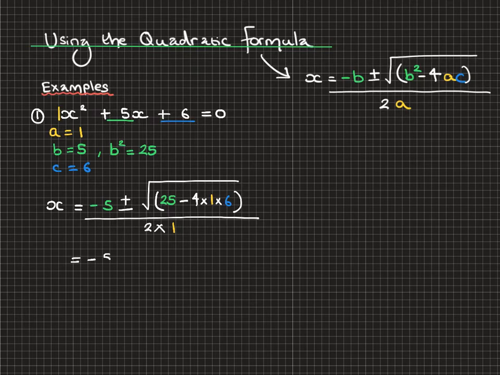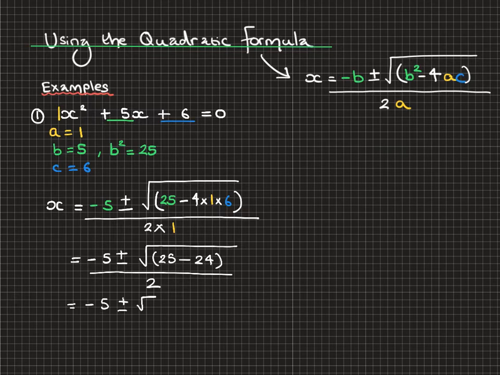So minus 5 plus or minus, we've still got that combination there, the square root of, well, hopefully you can see that underneath the square root sign we have 25 take away 4 times 1 times 6, which is 24, all over 2, which is minus 5 plus or minus the square root of 1 over 2.